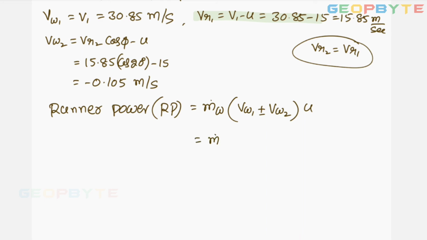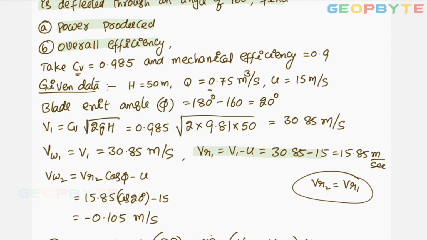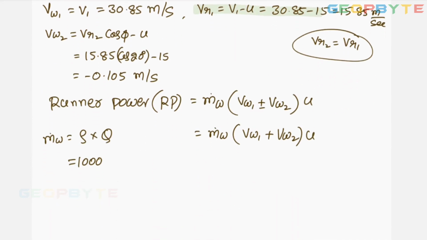Otherwise you can also take m dot W into VW1 plus VW2 only, as the VW2 value itself is negative. Mass flow rate equal to density multiplied by discharge. Density need not be given, 1000. How much discharge is given? 0.75. So 1000 into 0.75 is equal to 750 kg per second.